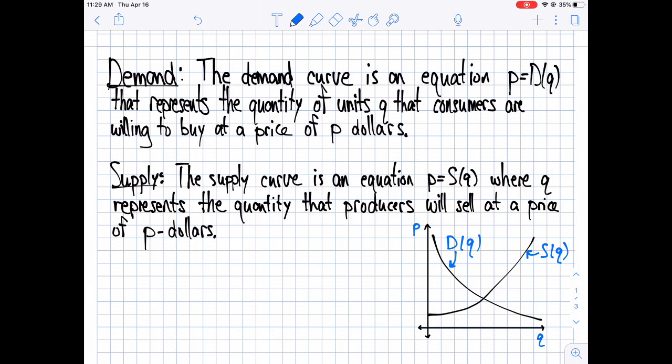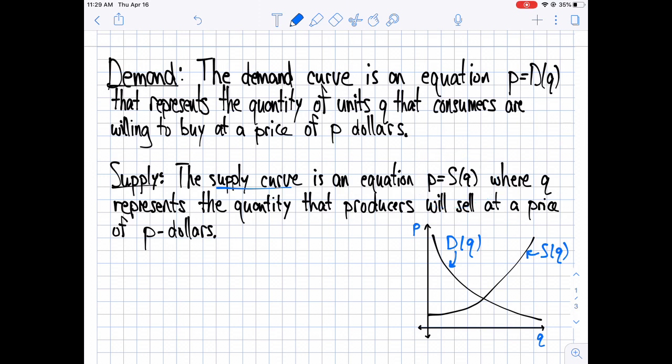When we look at the other side, we look at the supply curve, and our supply curve is going to be represented as S of Q, and it's going to relate again the price to the amount that is actually willing to be supplied by the companies.